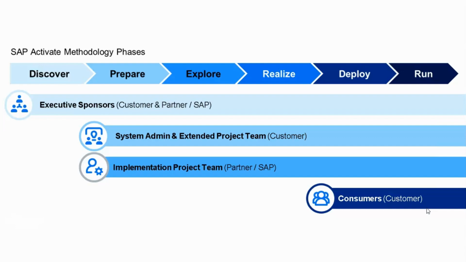Partner or SAP consultants will lead the line of business specific workshops to collect configuration values, review the standard SAP business practices and processes with customer line of business experts, and gather additional integration requirements, customization requirements, and other information used in the realize phase to configure the solution.